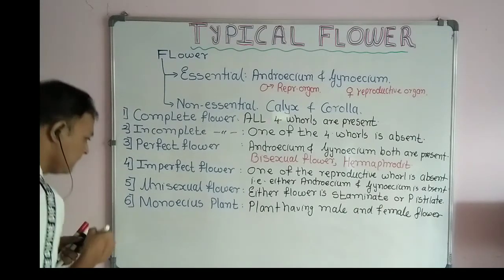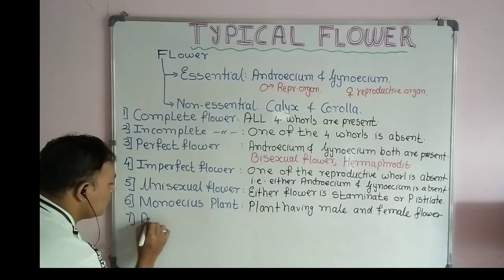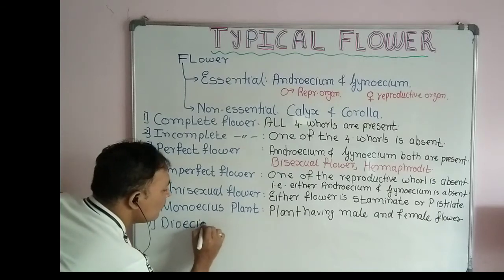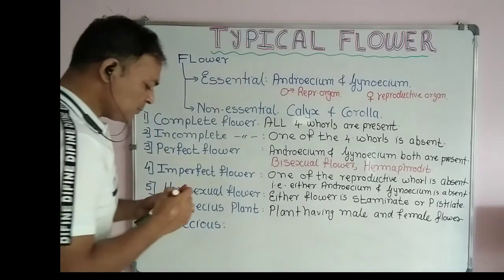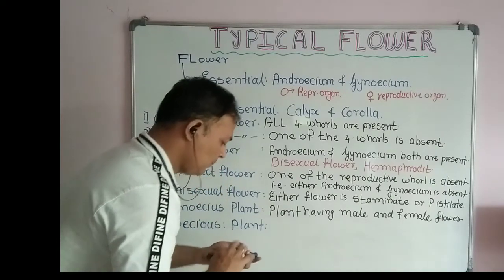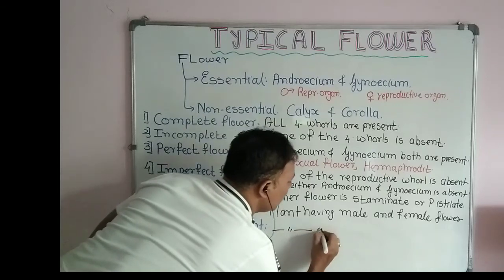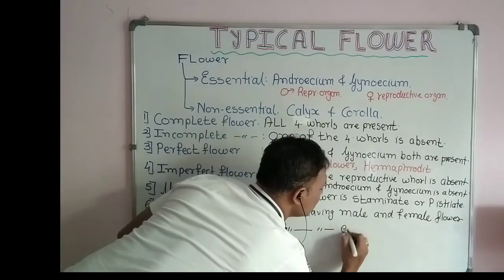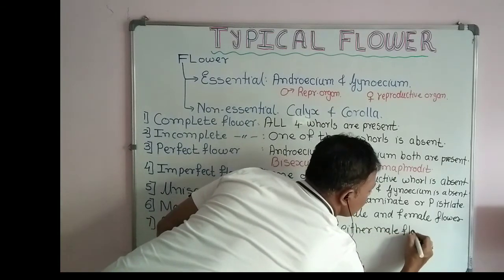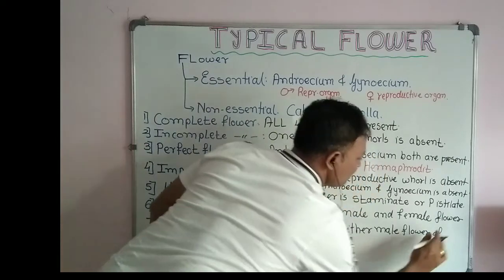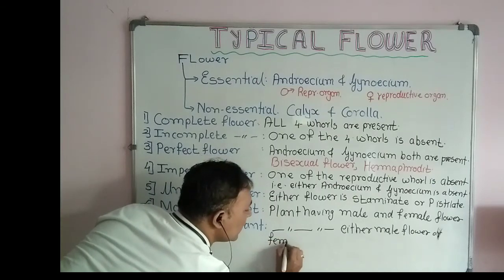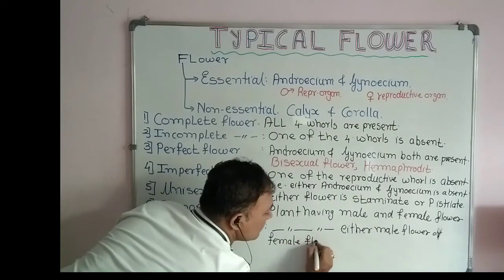Seventh, the dioecious plant, it means a plant having either male flowers or female flowers.